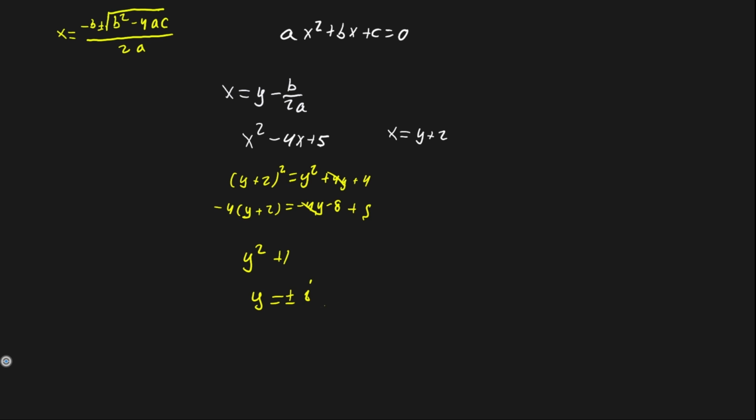And we can go ahead and plug y in for y in x equals y plus 2. So our solution to our quadratic is going to be x is equal to 2 plus or minus i. And that is going to be our solution for our quadratic, since we simply depressed it.